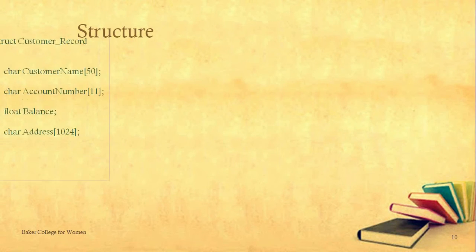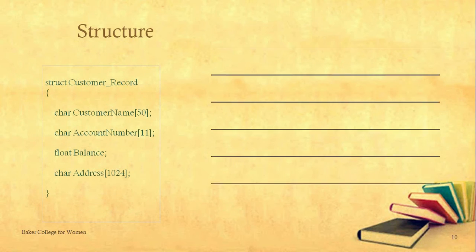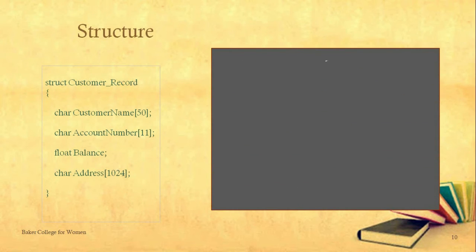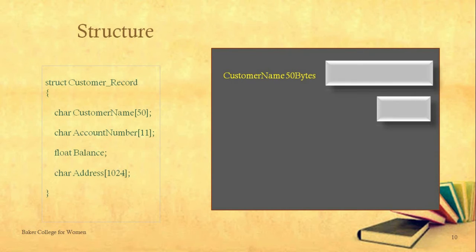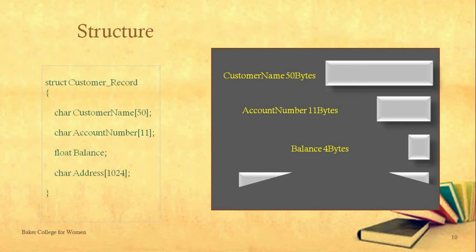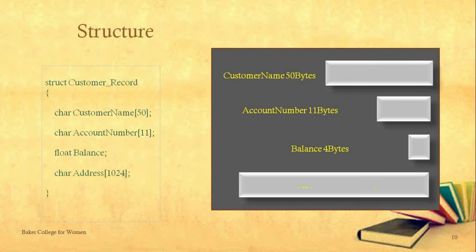Structures are aggregate data types. For example, we can create a structure which contains an integer, a float, and a string. This grouping of data types into a single structure may have particular meaning to your application.